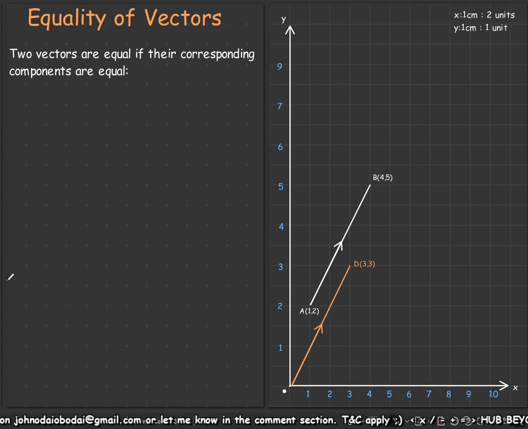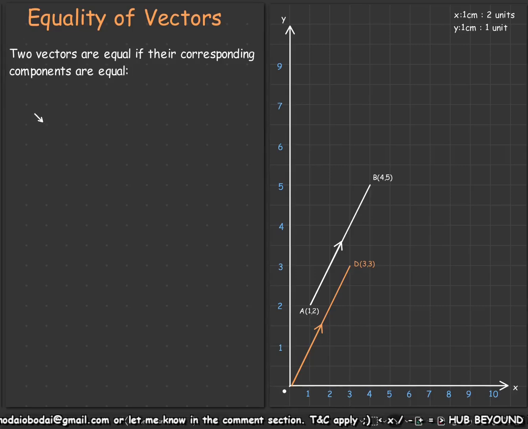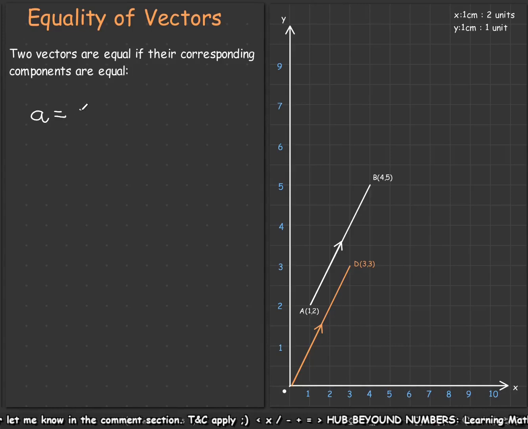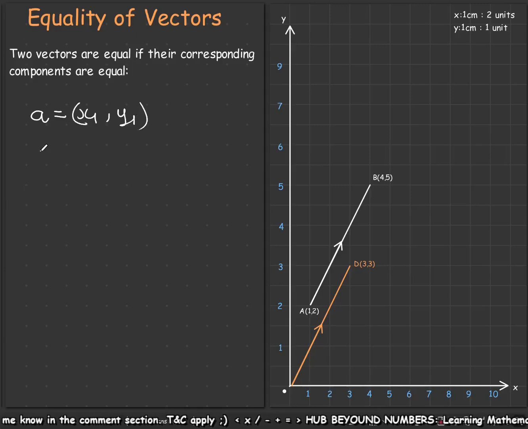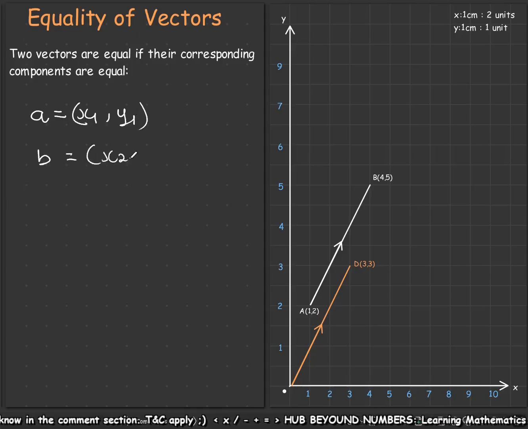So let's take a position vector A, whose coordinate is x1, y1, and a position vector B whose coordinates are x2, y2.